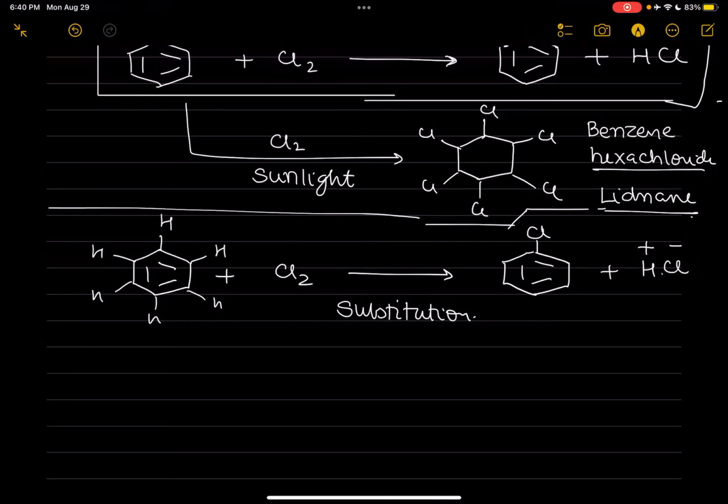In an addition reaction, two things go and add to a double bond and the double bond is completely removed. So this is a substitution reaction. Who is substituting whom? Cl plus is replacing, substitution means replacement, that all of us know, H plus from the benzene.